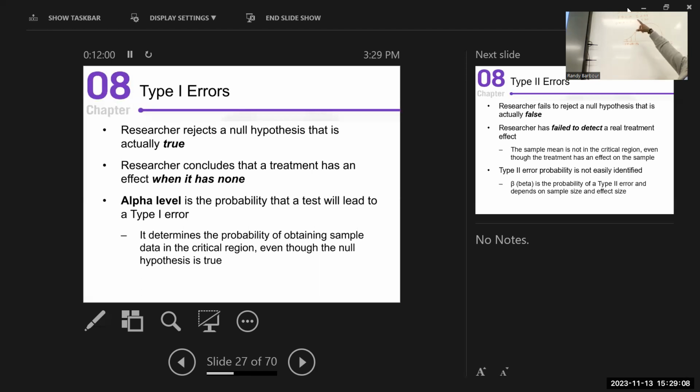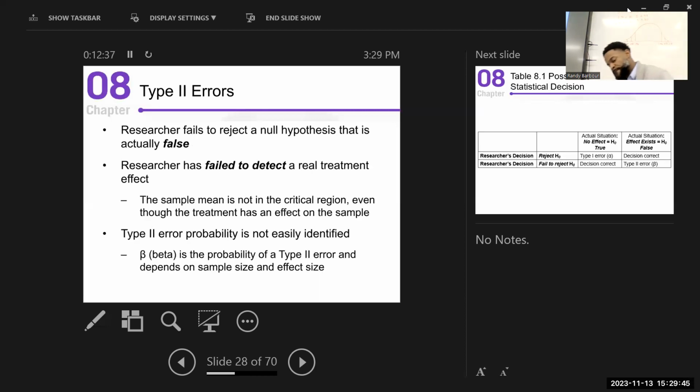So the critical region tells me how much likelihood there is that I'm going to get a type 1 error, because the type 1 error is rejecting the null hypothesis when it's true. When I have it at 5%, I have a 5% chance of getting a type 1 error. When I set it at 1%, there's a 1% chance, and so on and so forth. Great question. Any other questions about type 1 error?